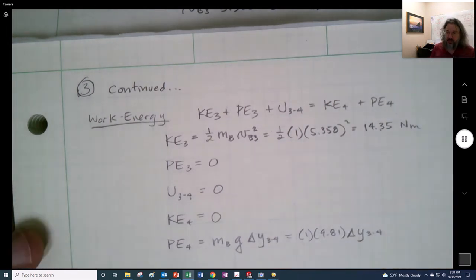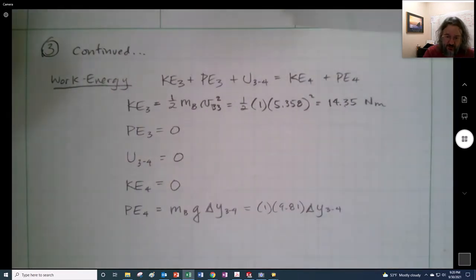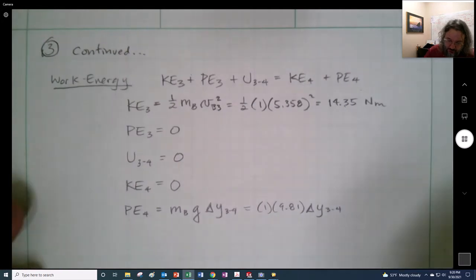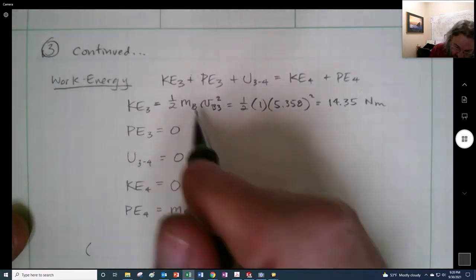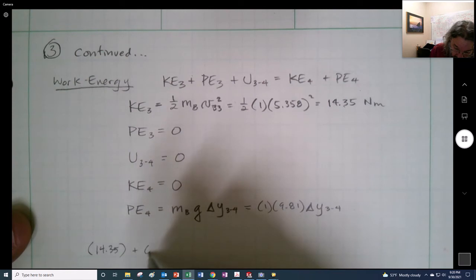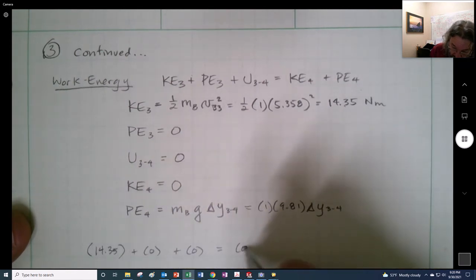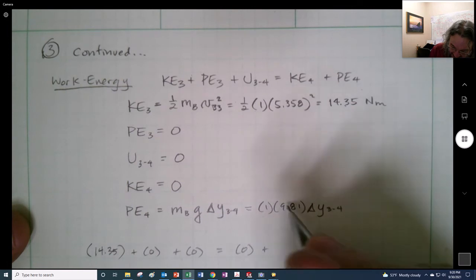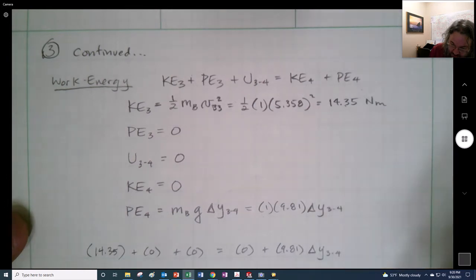Now the thing we actually want to get is that distance s, but let's deal with the geometry of that later. We're going to do it all in one step. So writing that back out, KE 14.35 plus 0 plus 0 equals 0 plus 9.81 delta y 3 to 4.